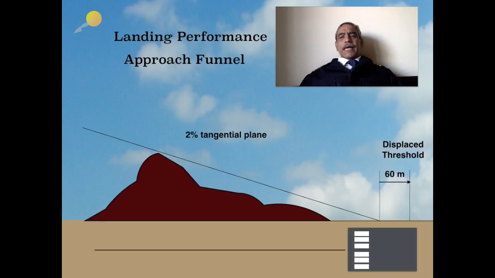If there were any upstanding obstructions within the approach funnel, as you can see in this diagram, an obstruction in the approach funnel in that area which we had defined earlier, then a 2% tangential plane covering that obstruction is drawn, and thereafter the threshold is further displaced by 60 meters.